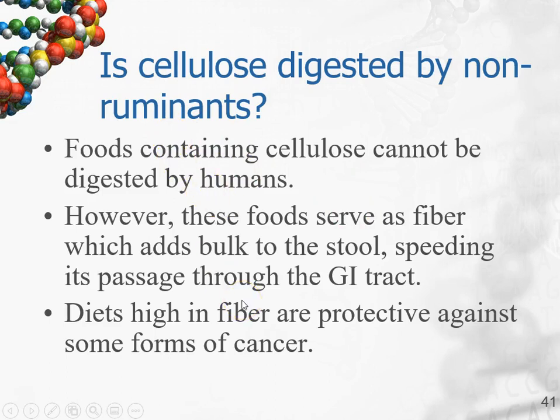So they don't provide energy for us, but they do serve as fiber. They aren't digested, and because they're not digested, they add bulk to the stool, which speeds its passage through the gastrointestinal tract. There are some studies that indicate that diets high in fiber are protective against some forms of cancer. So when a nutritionist says fiber, that's basically an undigestible carbohydrate.